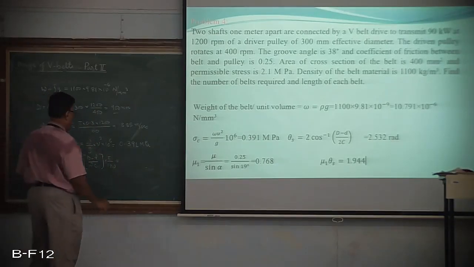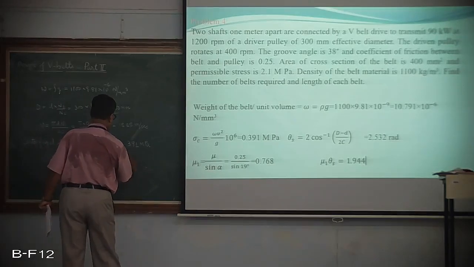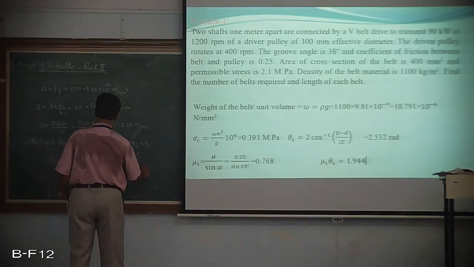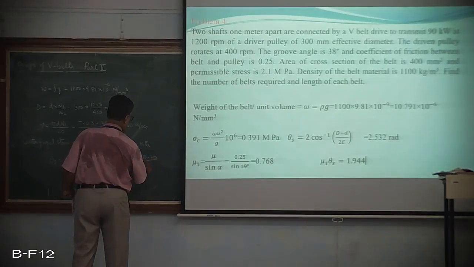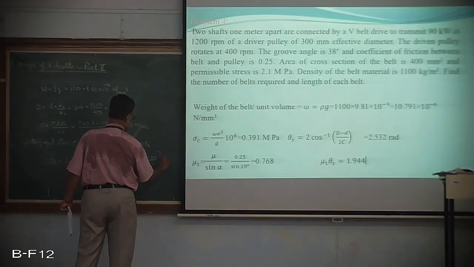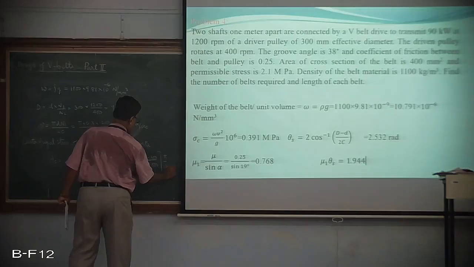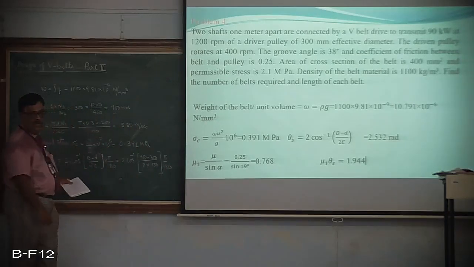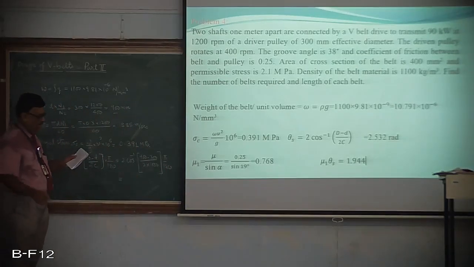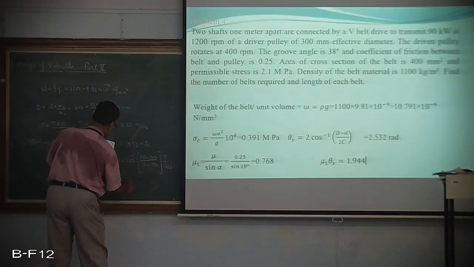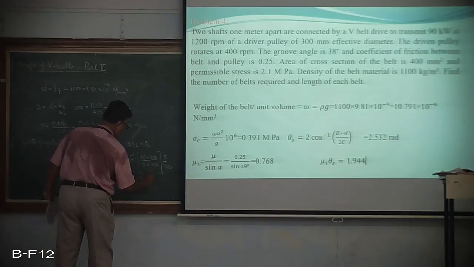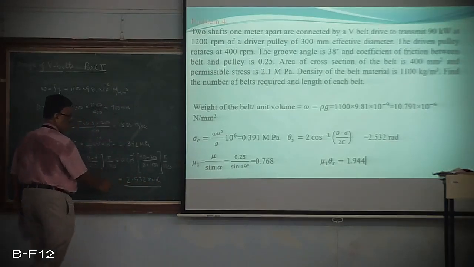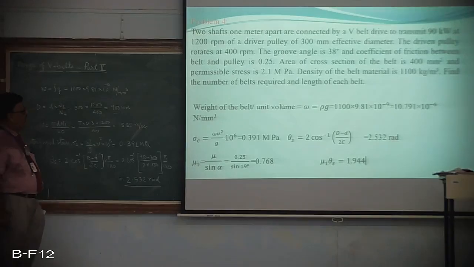So you can write 2 cos inverse of (900 minus 300) upon 2 into the center distance, being 1 meter, that is 1000, into pi by 180. This comes out to be 2.532 radians. Yes, this is the angle of contact.